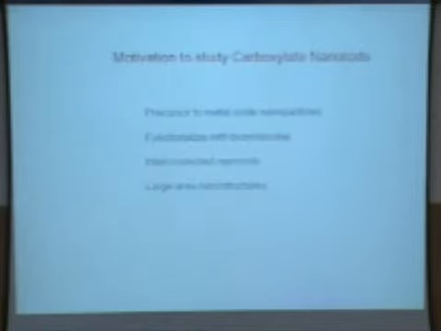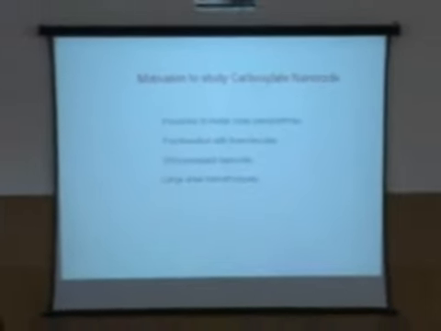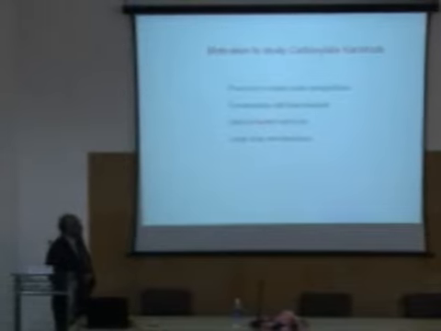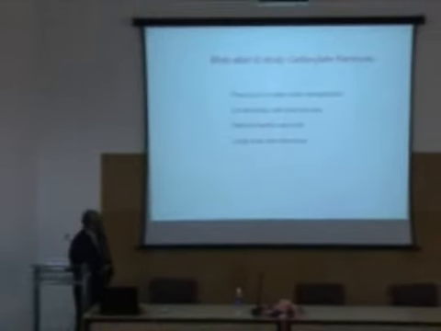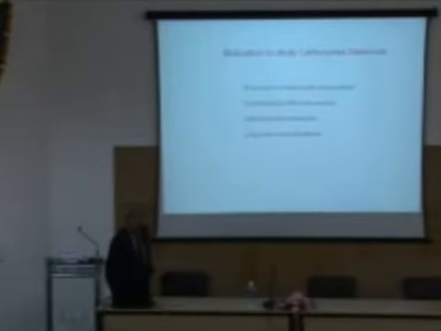The motivation to make the carboxylate nanorods was that it is a precursor to metal oxide nanorods and nanoparticles. Those particles can be functionalized with biomolecules, they can be interconnected, and can we make large area nanostructures using that? That is the ultimate goal.